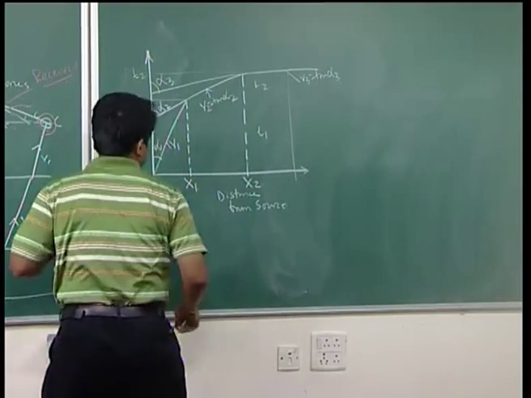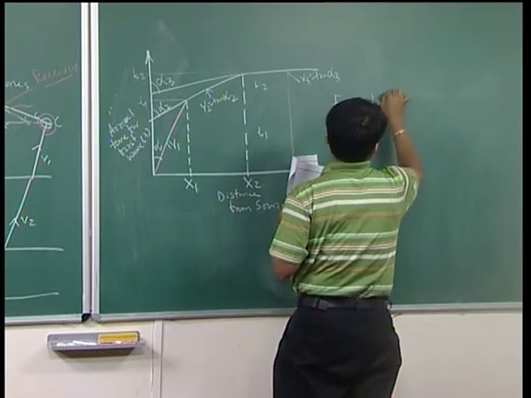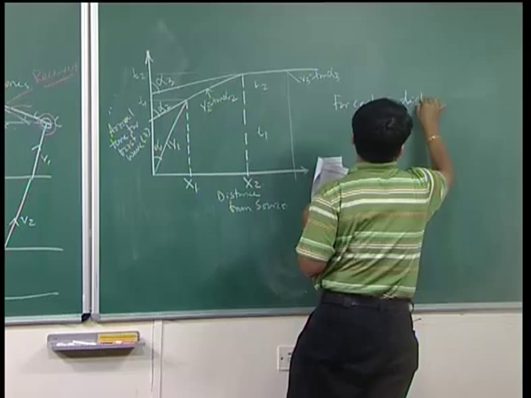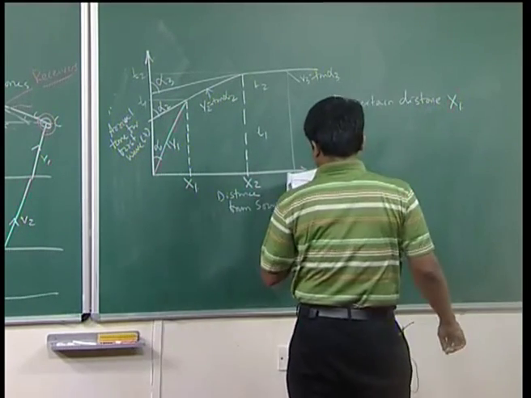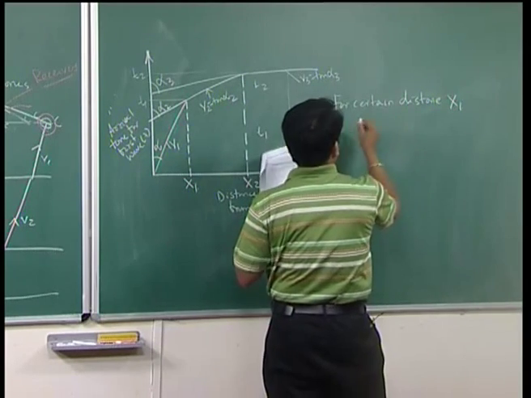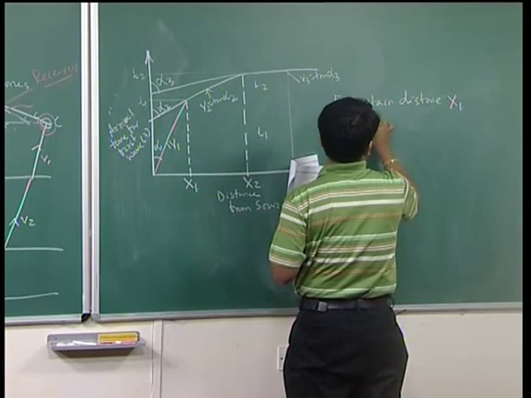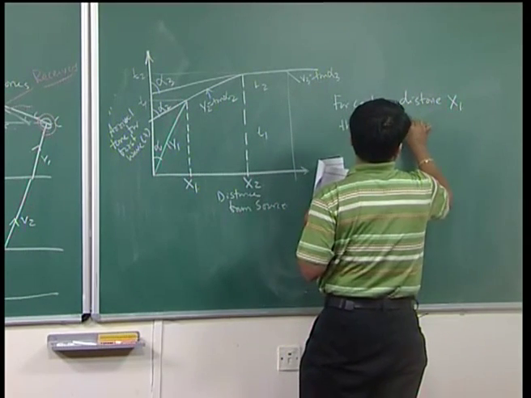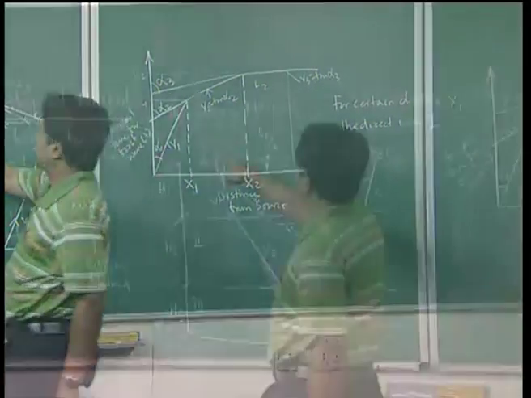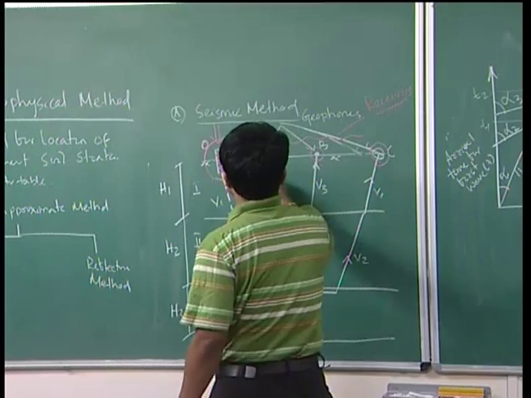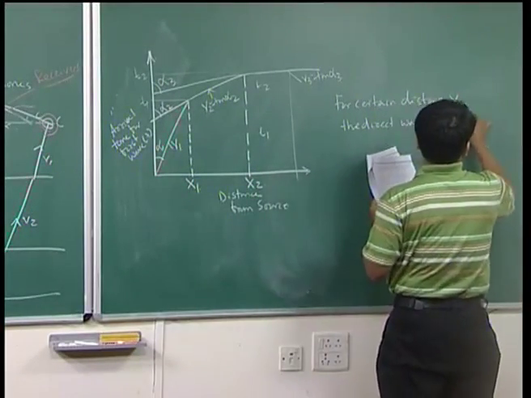For a certain distance, say x1, the direct wave in layer 1 reaches first.